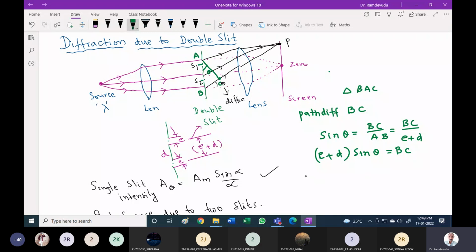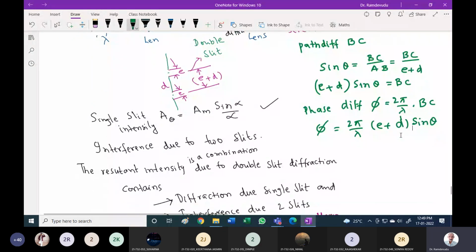Now I'll write phase difference. Phase difference phi is equal to 2 pi by lambda into BC, and therefore phi is equal to 2 pi by lambda E plus D sine theta, the path difference. In case of single slit, it is only D, since we have only one slit.